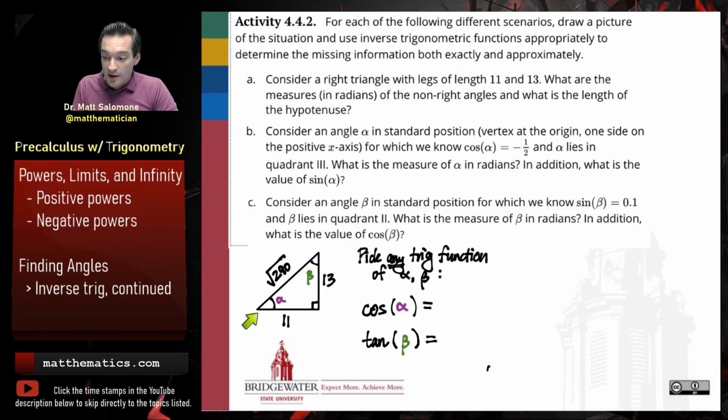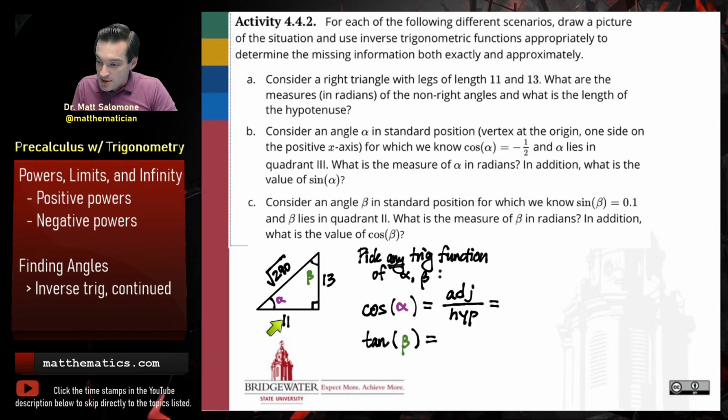What is the cosine of alpha going to be? Well, cosine, remember, is the ratio of adjacent to hypotenuse. And so all I have to do to figure out what the cosine of alpha is, is ask what's the length of the adjacent side to alpha. The adjacent side to alpha is that leg of the right triangle, not the hypotenuse, which shares one of the rays of the angle alpha.